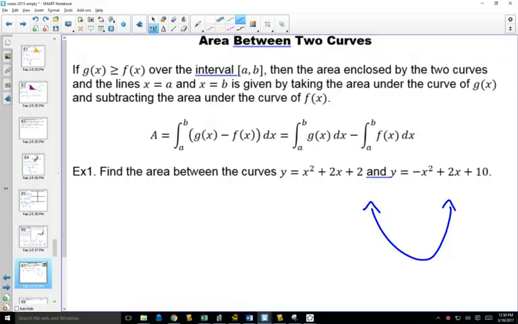Okay? And then y equals negative x squared plus 2x plus 10 is going to be some sort of parabola going down. And what we're going to try and find is this area here.